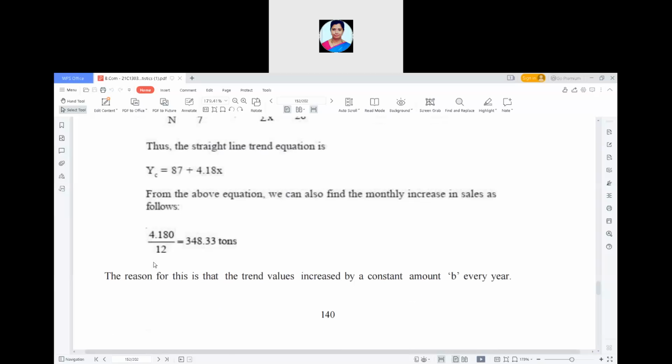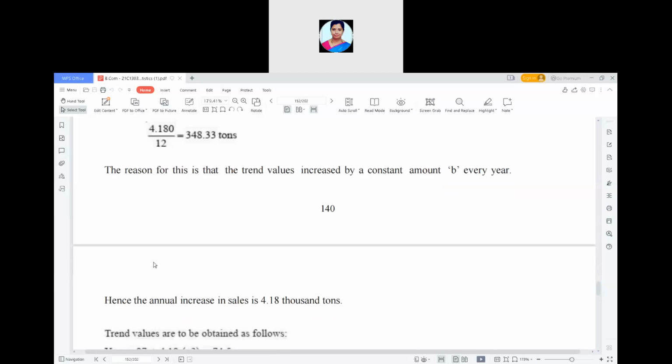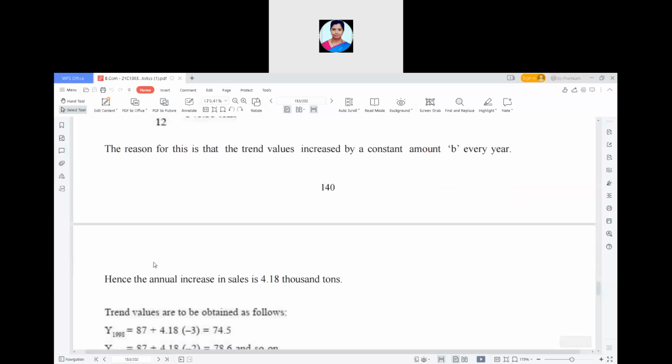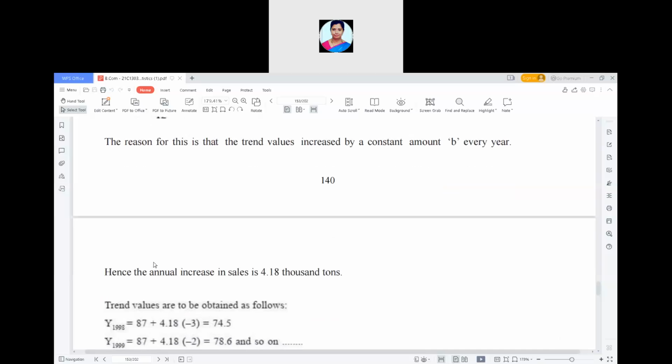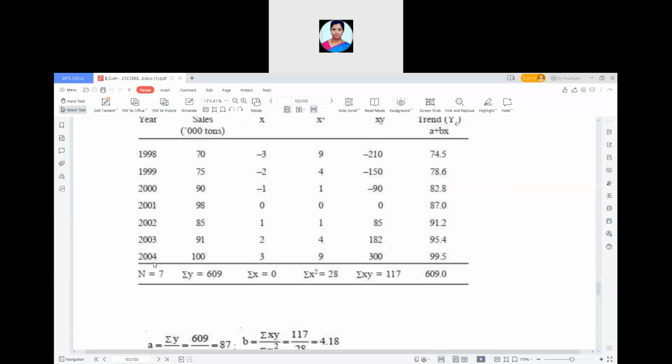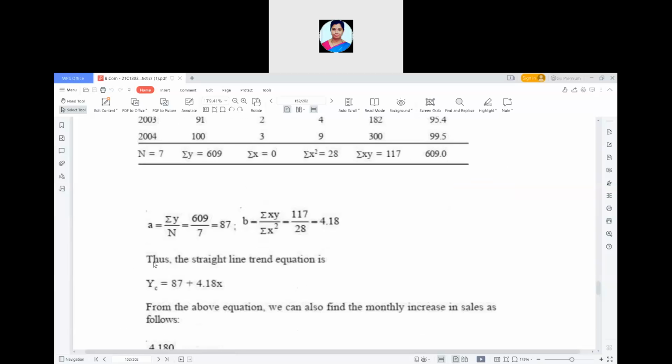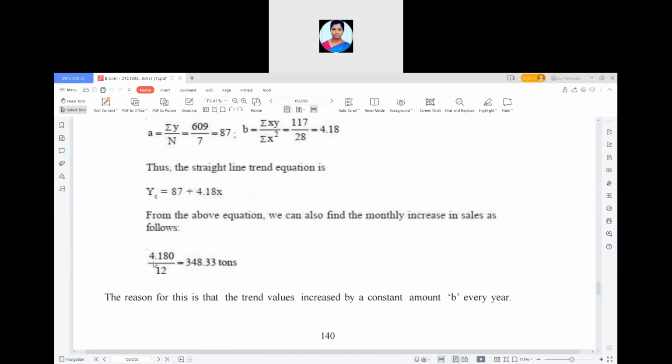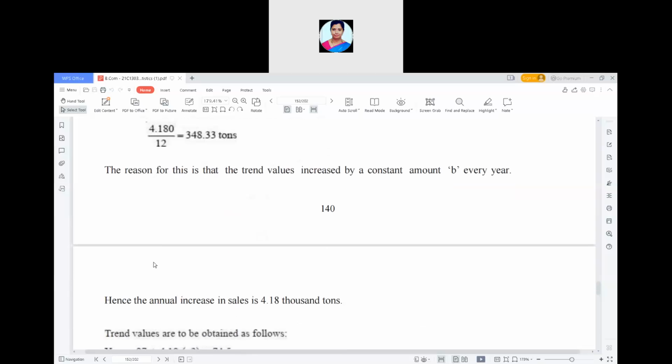So hence we completed the trend values. Here you can see in the last column we have listed the trend values of all the years. At the bottom we have shown separately how we calculated the trend values.